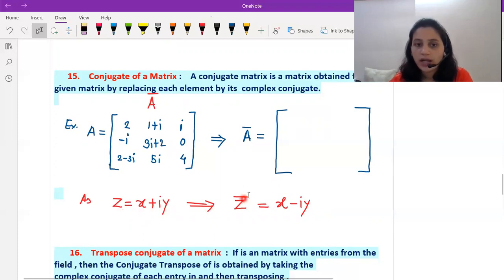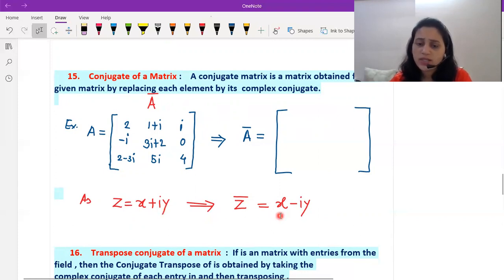Now, how will we calculate the complex conjugate? x plus iy, that is the real part x as it is. Now we change the sign of the imaginary part, that is iy becomes minus iy, right? So z is equal to x plus iy, this is my complex number, and complex conjugate of this z is denoted by z bar equal to x minus iy. So we change the sign of the imaginary part.